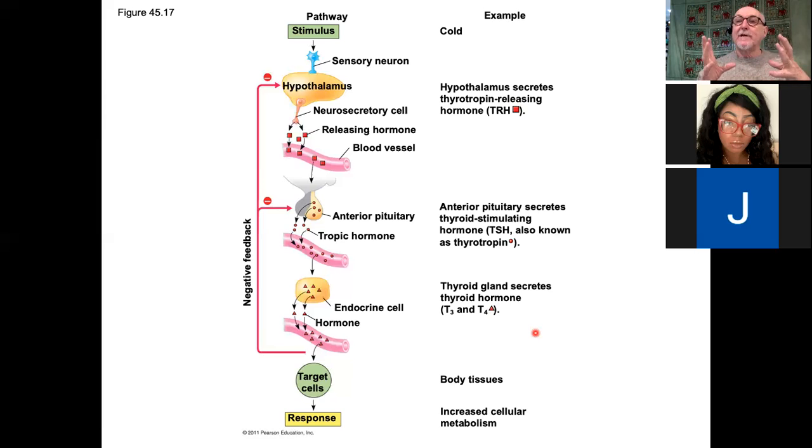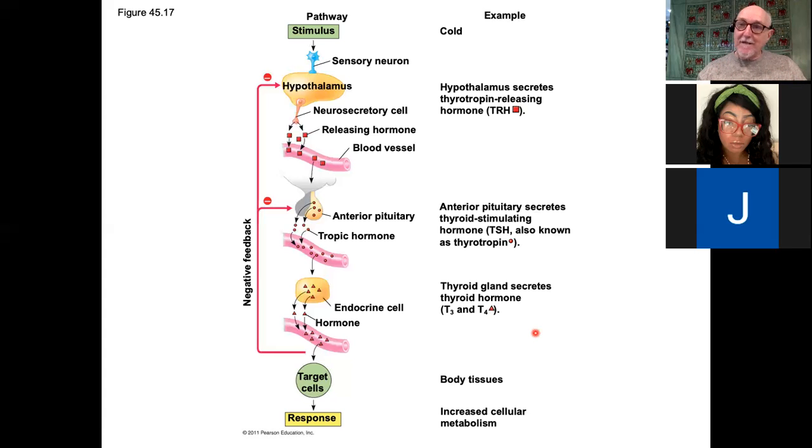And what happens in shivering is it's another way of increasing metabolism, because it gets normally not very metabolically active tissue, which is the muscle, to start contracting and relaxing very rapidly, which is what produces the sensation of shivering, and that generates more body heat.